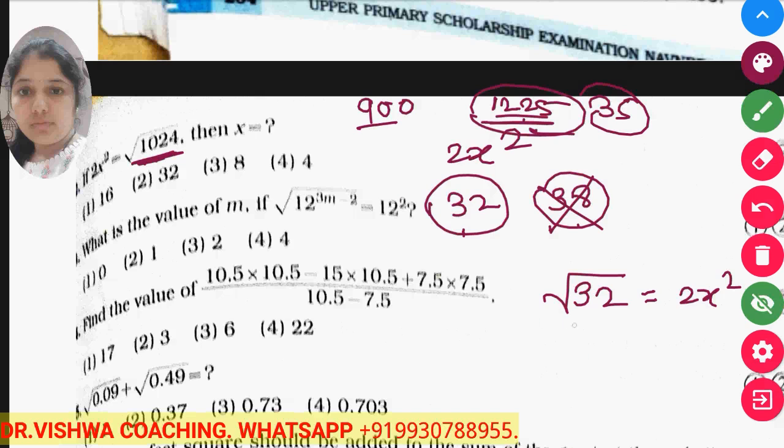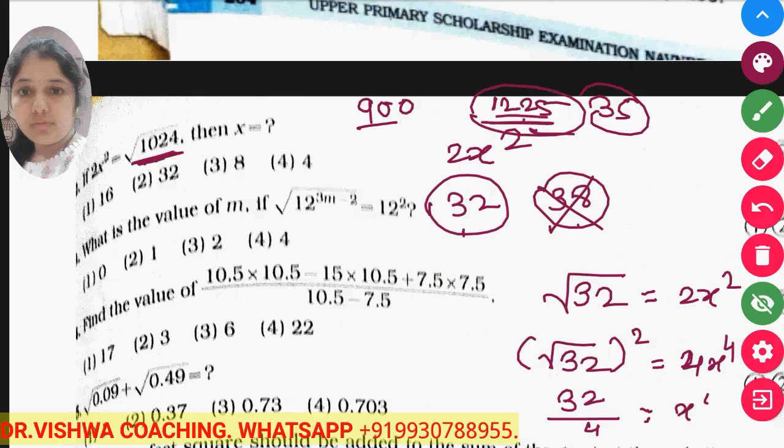Now if I square both the sides, it becomes 32 equals 4x raised to 4. 32 upon 4 is equal to x raised to 4. So 8.